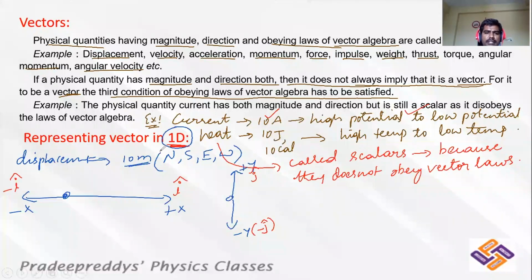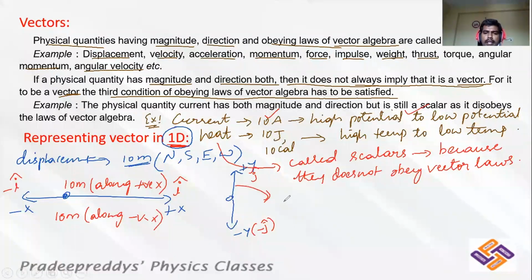So when you want to represent a vector, say the same displacement, 10 meter, you need to mention its direction. How will you mention it? 10 meter along positive x-axis, or 10 meter along negative x-axis.